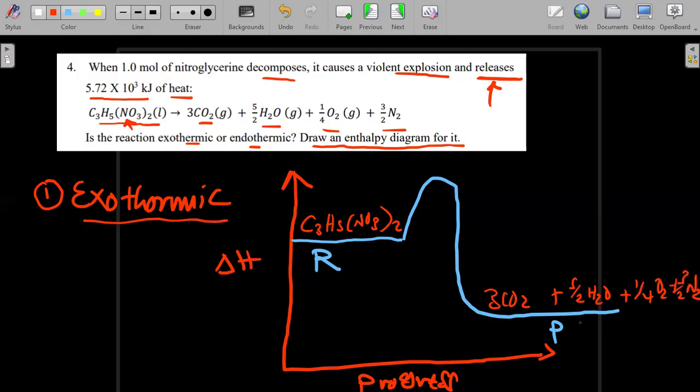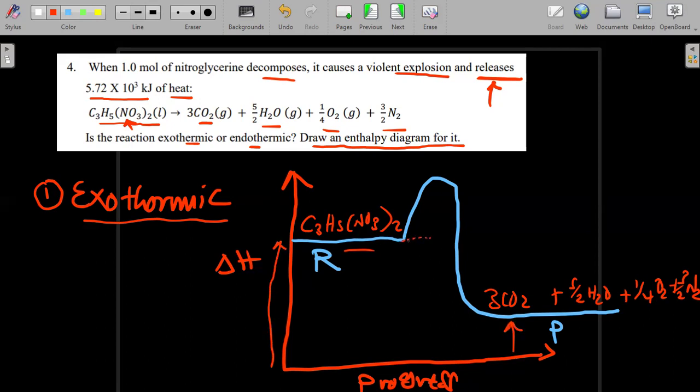These are the products, and that is the reactant. So we are seeing that this reactant is at a higher enthalpy than these products.